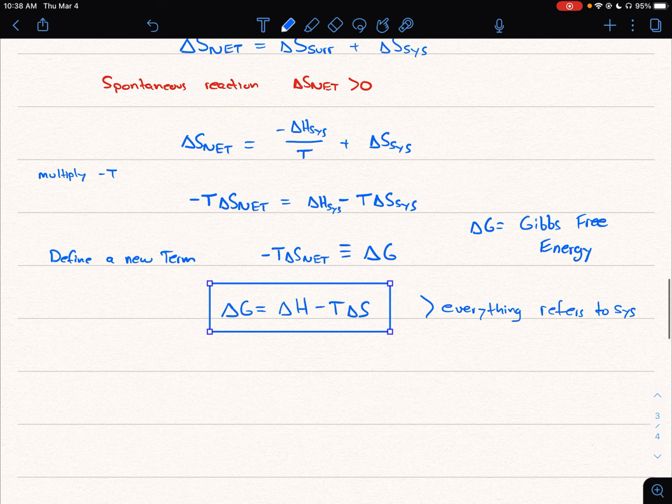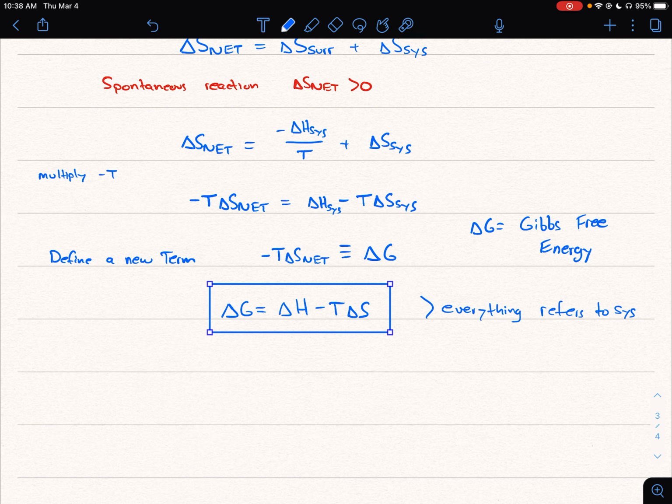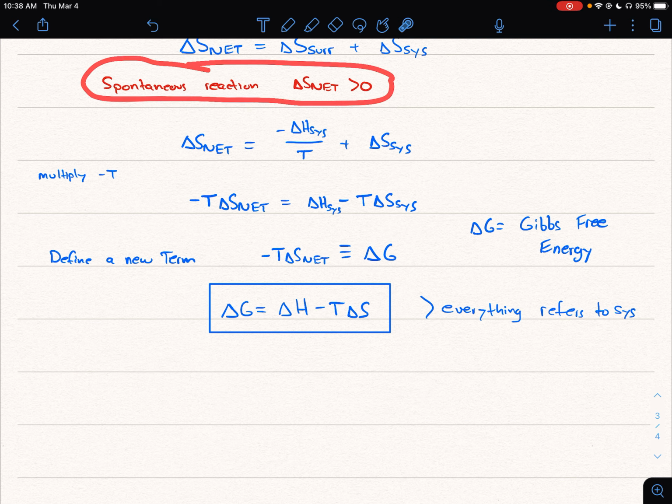I want to look at this and recall that we said a reaction is spontaneous when delta S net is greater than 0.